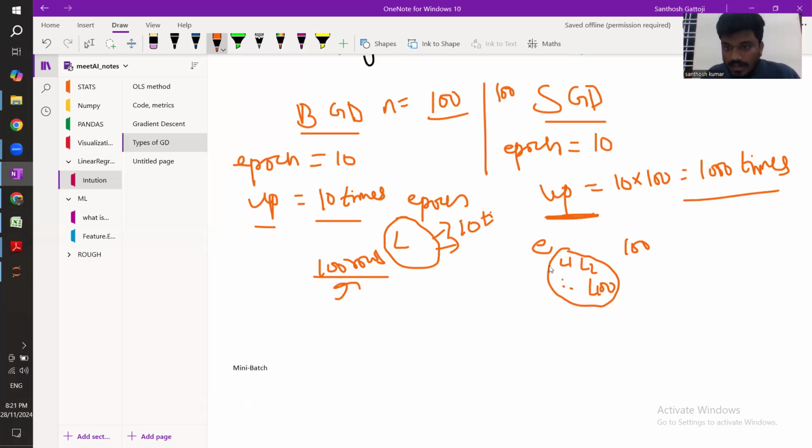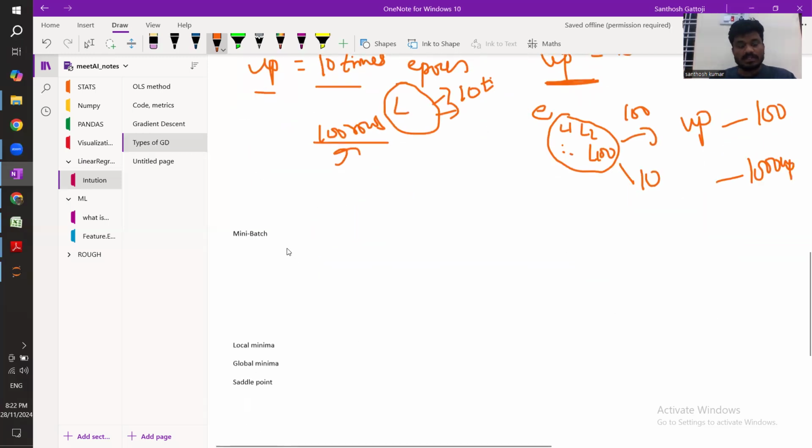Here, 100 losses are calculated, and for every loss it updates, so 100 updates per epoch. With 10 epochs, 1000 updates are happening. So stochastic gradient descent is taking more time, technically, because of the 100 times more updates.